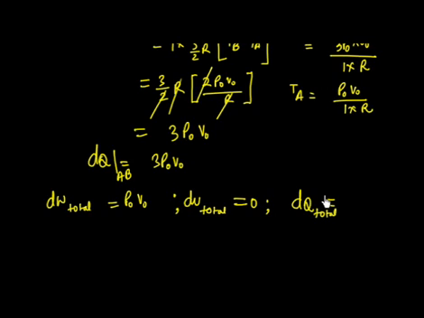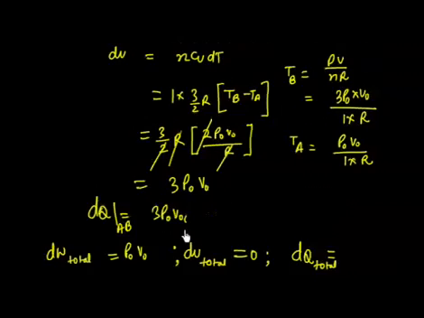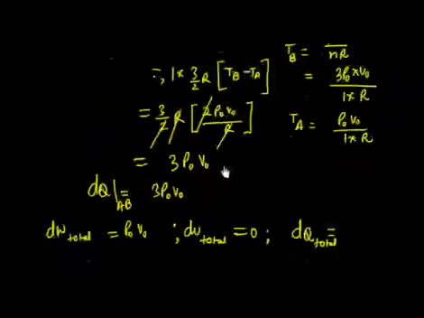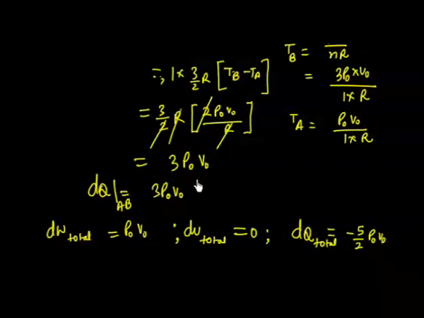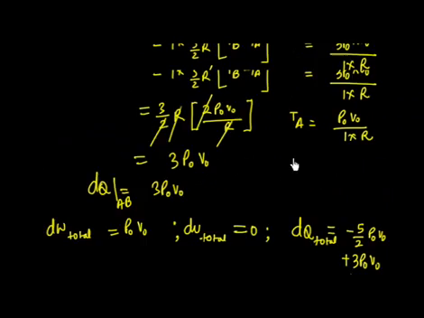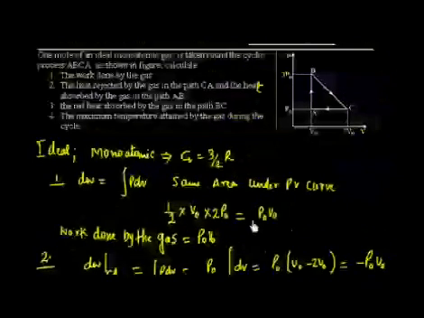I know the heat in process CA is minus 5 by 2 P naught V naught. I also know in the process AB, that is 3 P naught V naught. So I have to add plus 3 P naught V naught, and then I have to add the heat changes in process BC because we have not calculated for BC.